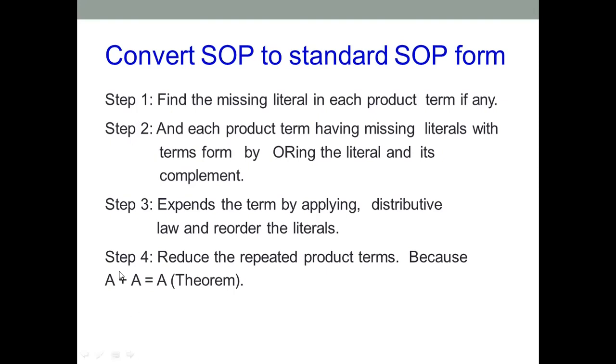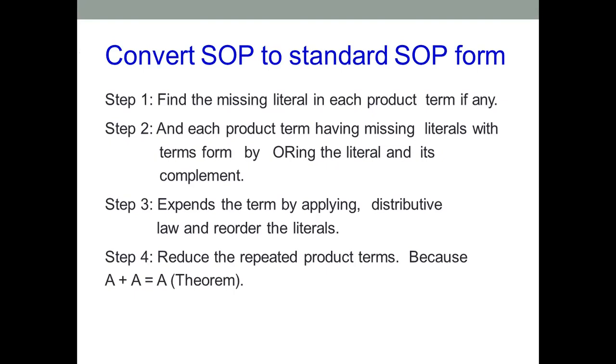So there are 4 steps given in front of you. The first step: find the missing literals in each product term, if any. Missing literals are nothing but missing letters. So we have to find out which letter is missing in the given function, if any.